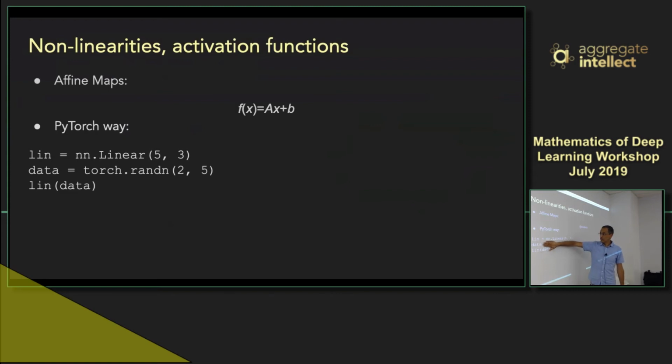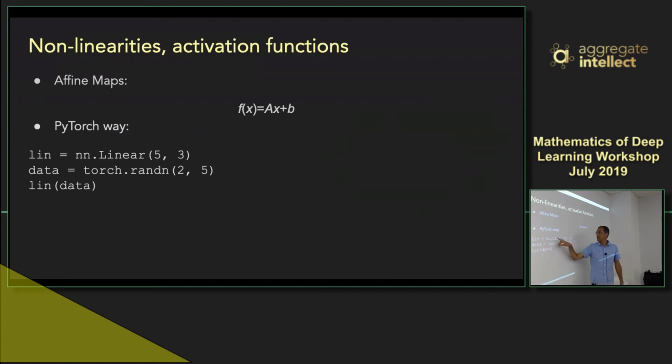Then you define your data. In this case, I'm simulating it, but usually you get the data from the input. This is the input that you read, like an image that you load, or a text, or a voice, or whatever. And then you say lin of data. That's it.